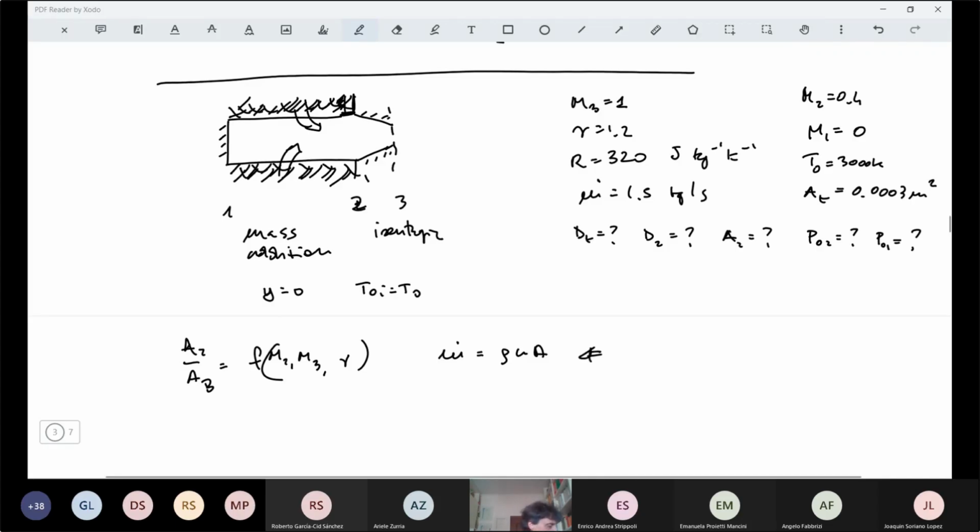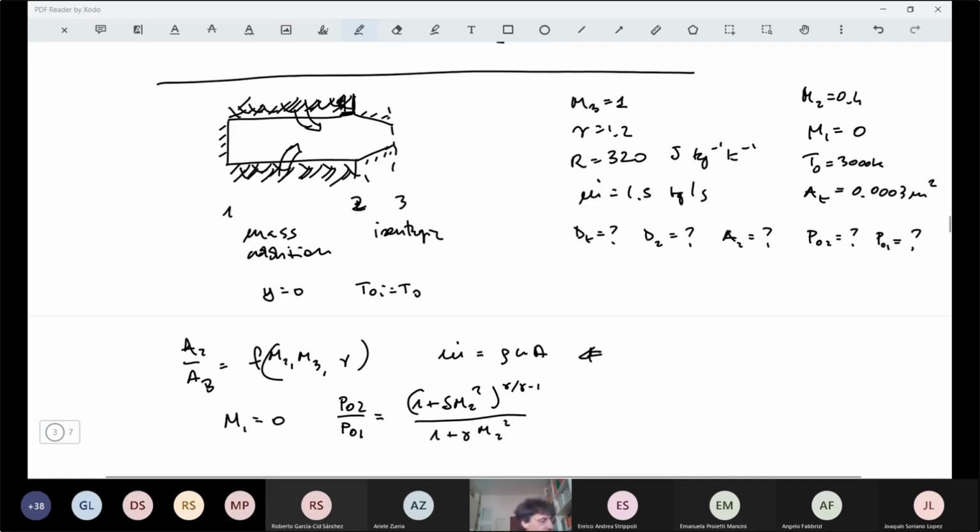And then you can apply the relations that we have seen for the mass addition. In particular, you can go back and see that with M1 equal to 0, we have P02 over P01 is equal to 1 plus delta M2 squared to gamma over gamma minus 1, over 1 plus gamma M2 squared.